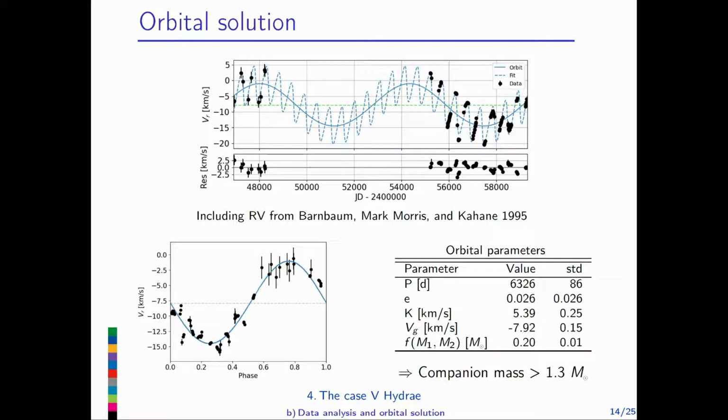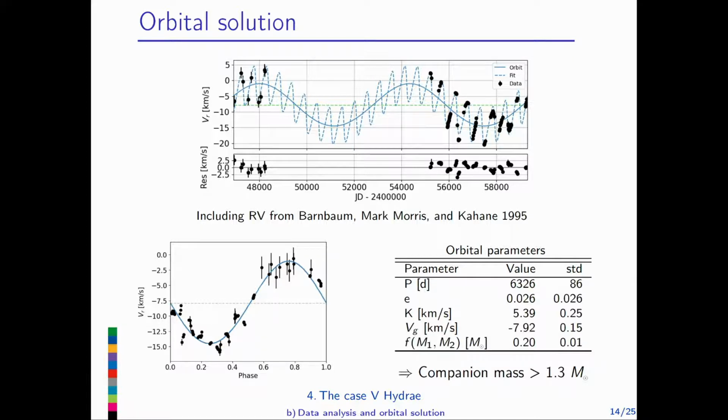So as expected, we have a period of about 6,000 days, so exactly the same as the period found in the photometric data, and which is twice what Sahai and his team have found. And also we have an eccentricity, which is quite low, and even compatible with a circular orbit.